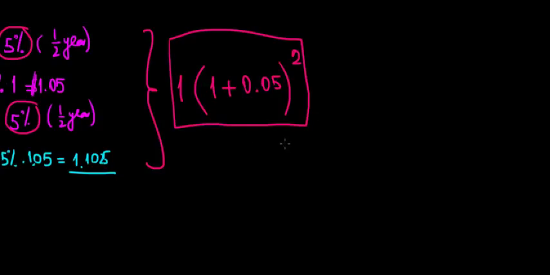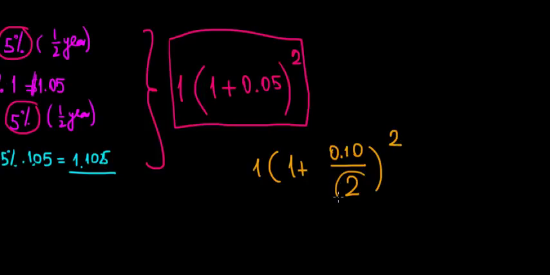Well, what is 0.05? We can write this formula as 1 times 1 plus 0.05. Well, that was just our 10% divided by 2, to the power of 2. Do you see the relationship? This is our m in the formula.